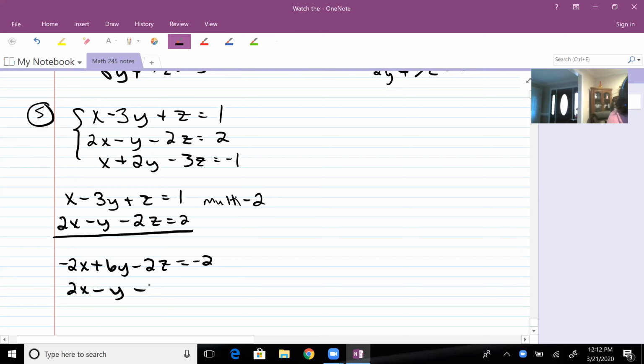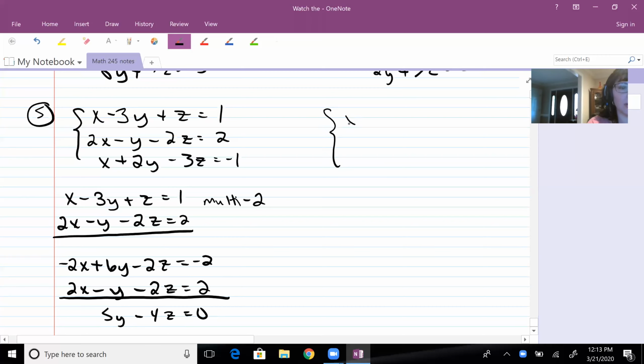And then we do not need to alter the bottom equation. So the x's cancel, the y terms make 5y, the z's make 4z, and the plain numbers make a 0. So that's going to be our new middle equation in our system.